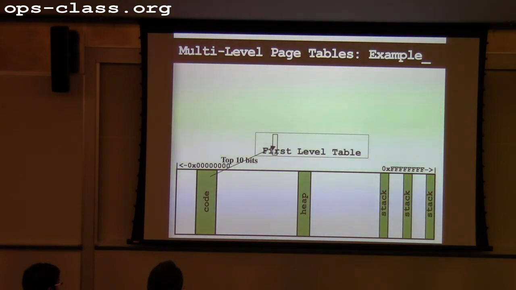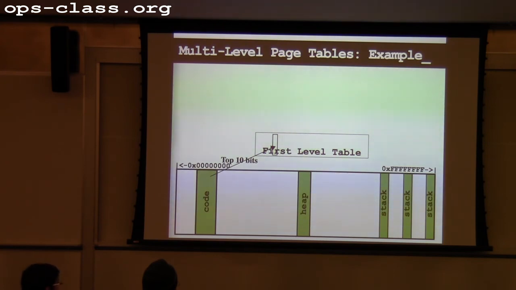Does this make sense? Part of what's nice here is that I'm getting a constant time overhead for my search. Remember, my searches are still constant. I have 2 lookups rather than 1, but it's still constant time search. But on some level, this expresses better the sparsity of the address space. Remember, each one of these tables is 4K.